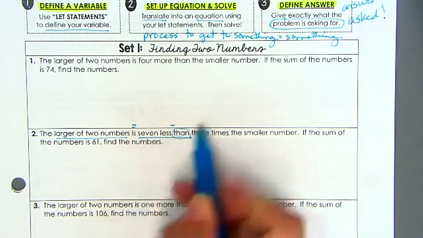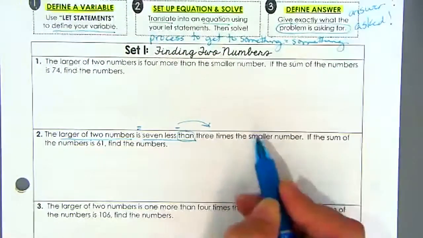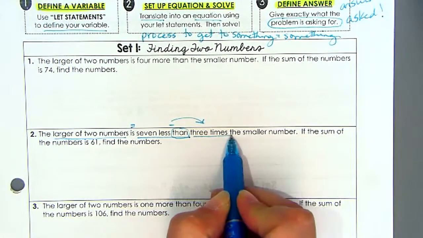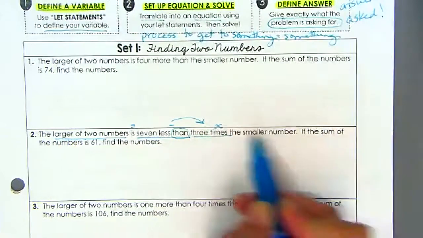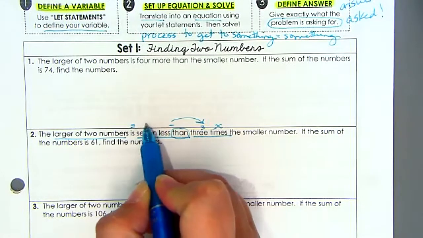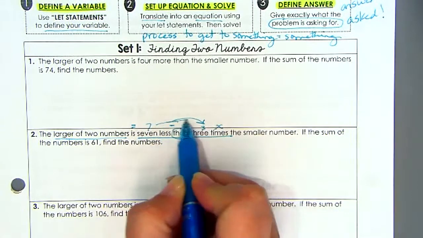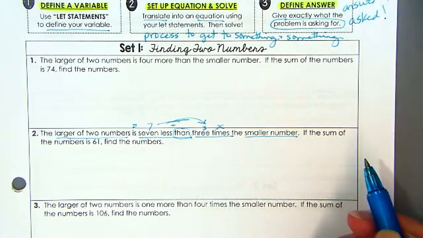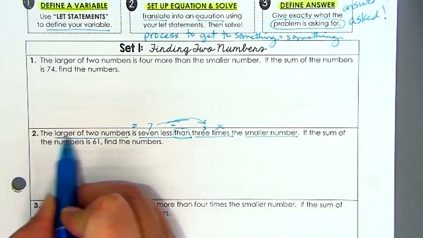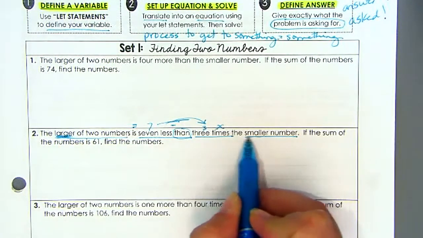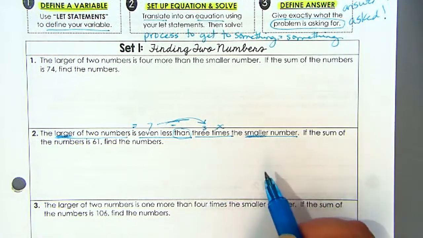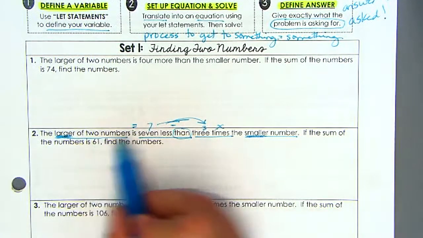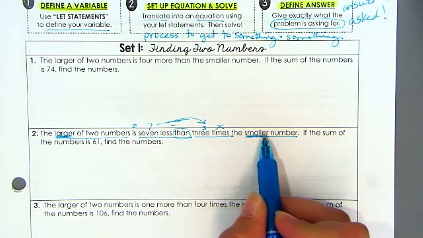The word than means I'm flipping the order. 3 times, times means multiplication. So I've got a 3 here, a 7 here. That's probably going to move to the back. The smaller number. All right. I have 2 unknowns, the larger and the smaller number. The larger one is dependent on something to do with the smaller number.